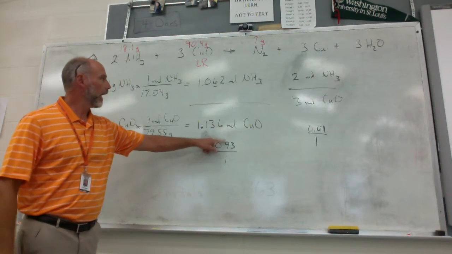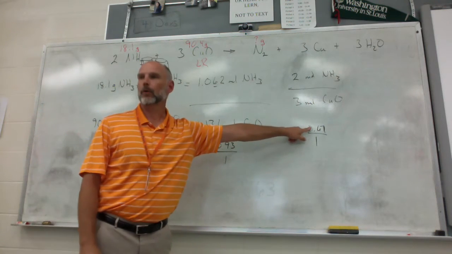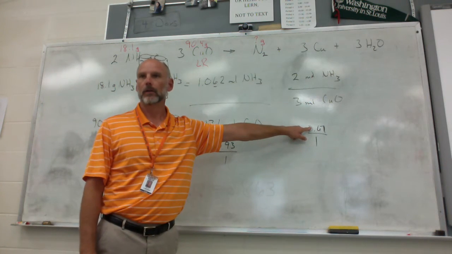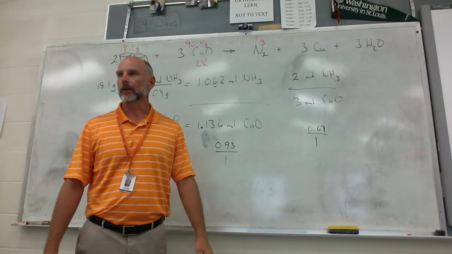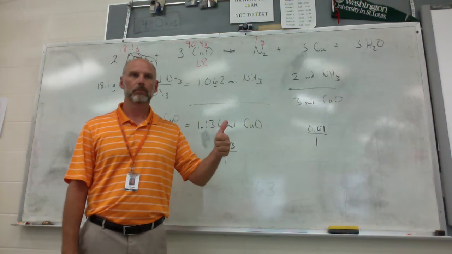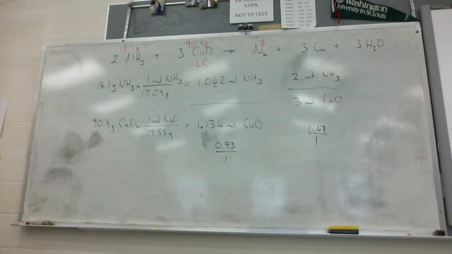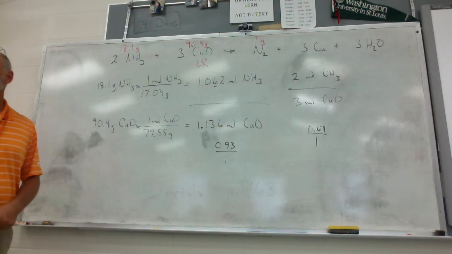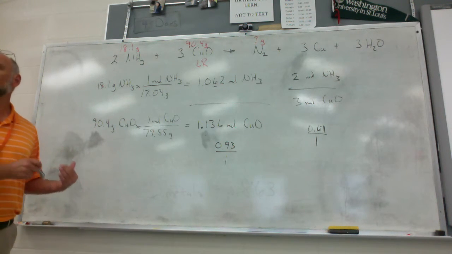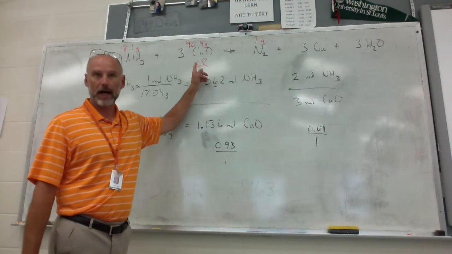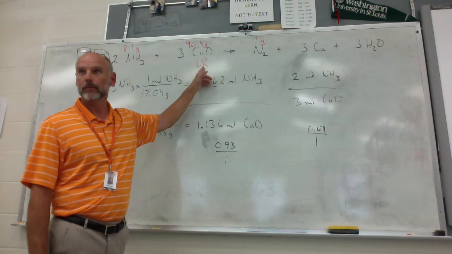So I clearly have more ammonia than is required. Copper oxide's limiting. So far, so good? Okay. That's a way you can look at it also. That really becomes handy, like I said, when we're doing solution stoichiometry with molarities and everything. But either way, there you go. Provide some evidence as to how you got this is the main thing.